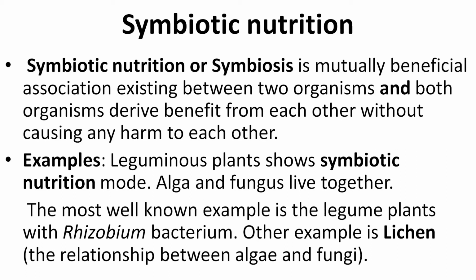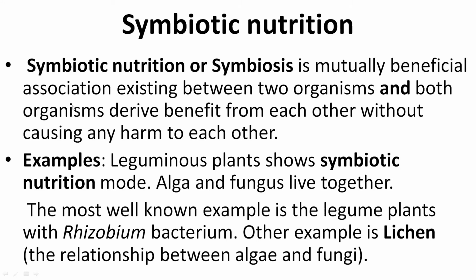The two organisms here live in a very cooperative manner. They cooperate with each other. I will give you this and I will take this from you, like this. But no one will harm the other. As you have seen in parasites, they harm the host. Here, nothing like that occurs.